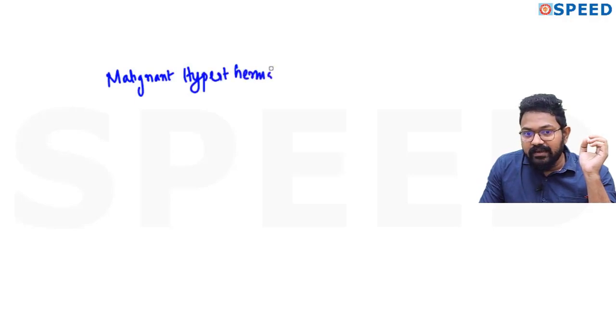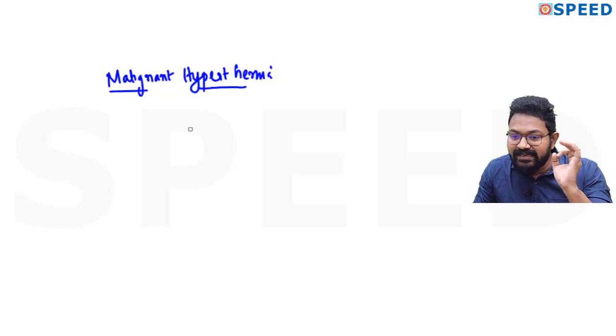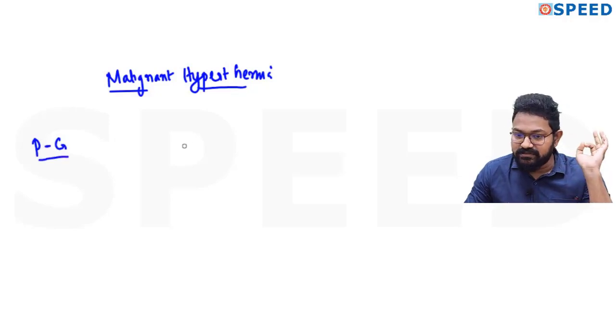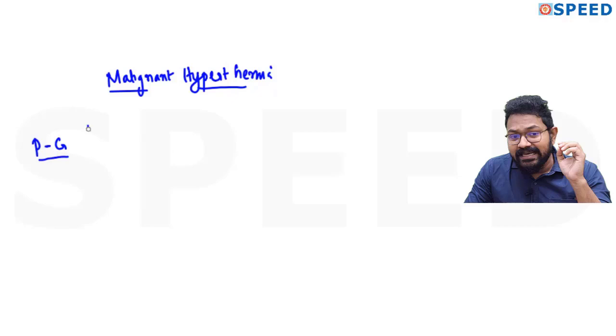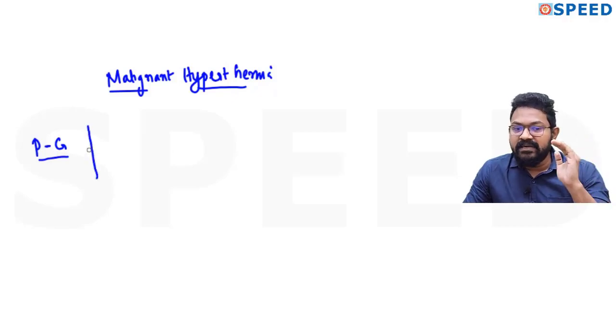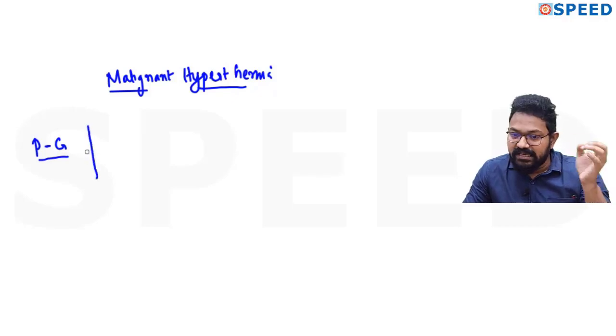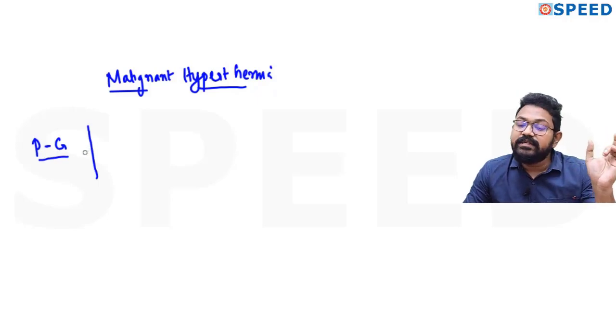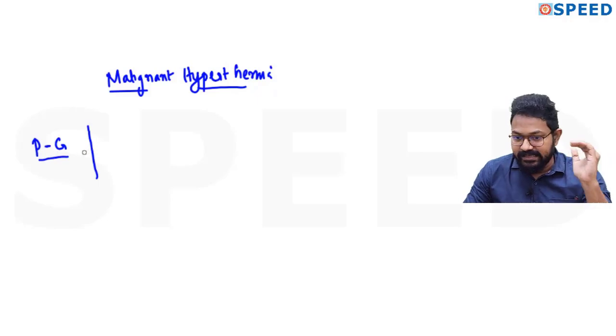I like to call malignant hyperthermia a pharmacogenetic condition, or pharmacogenetic disorder. What does it mean? It means that it is a genetic disorder, but it does not normally come to light. It only comes to light whenever there is a pharmacological trigger. So it is a pharmacogenetic condition triggered by certain pharmacological agents, right?